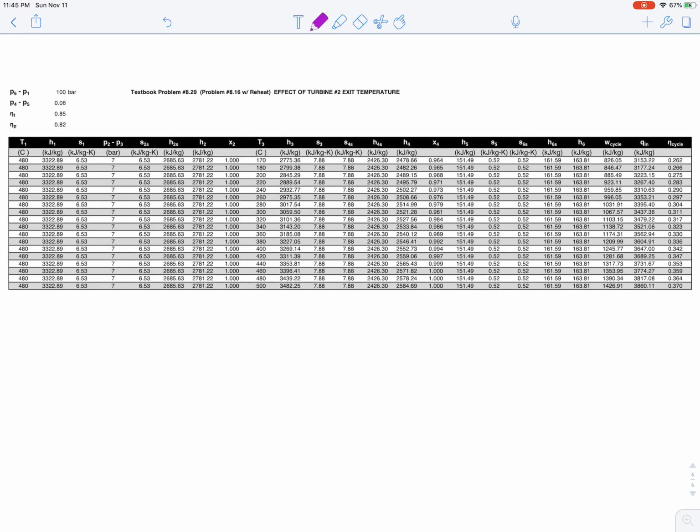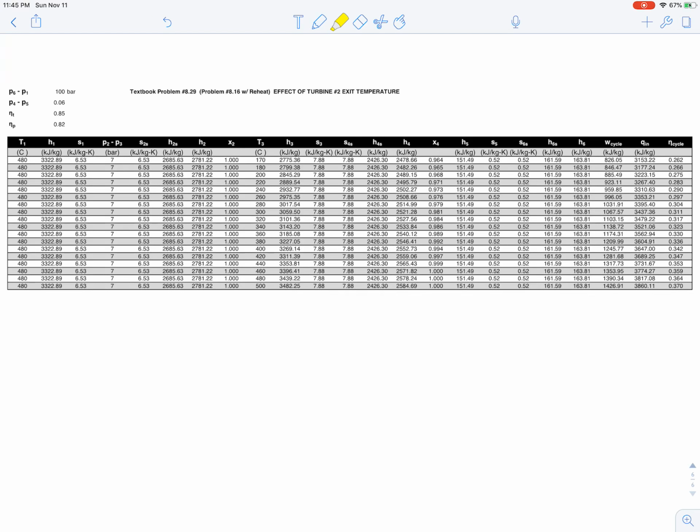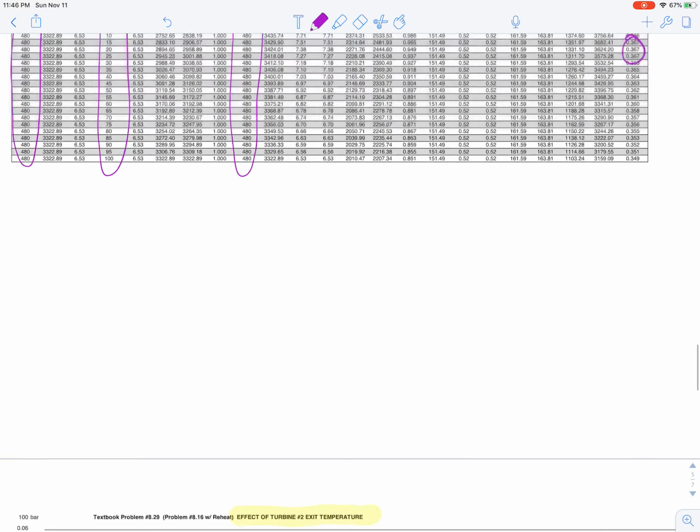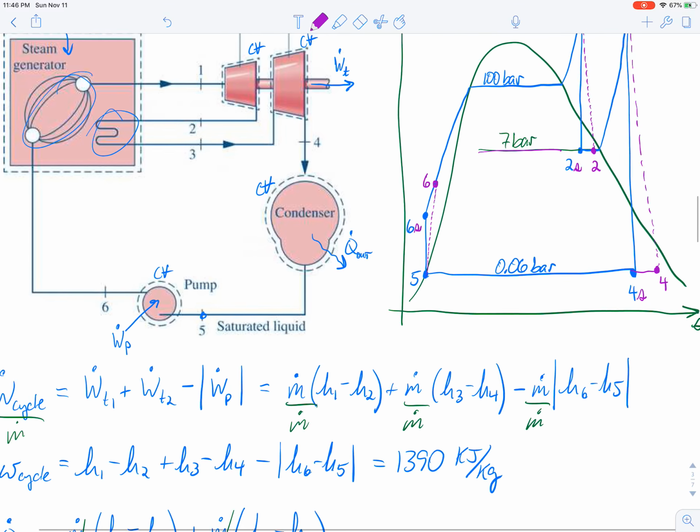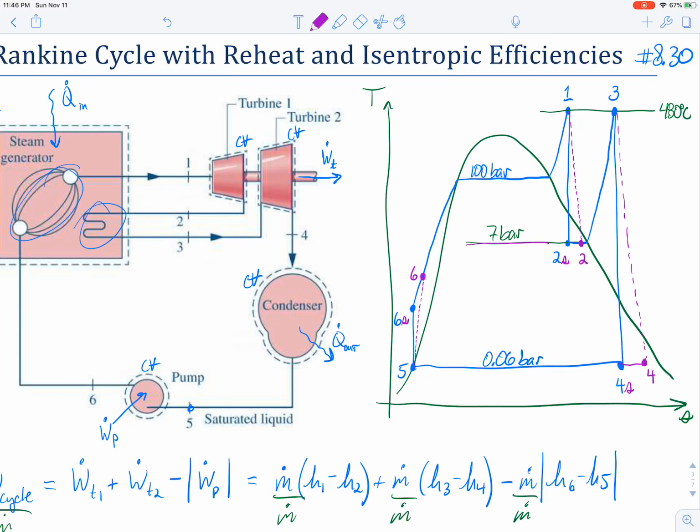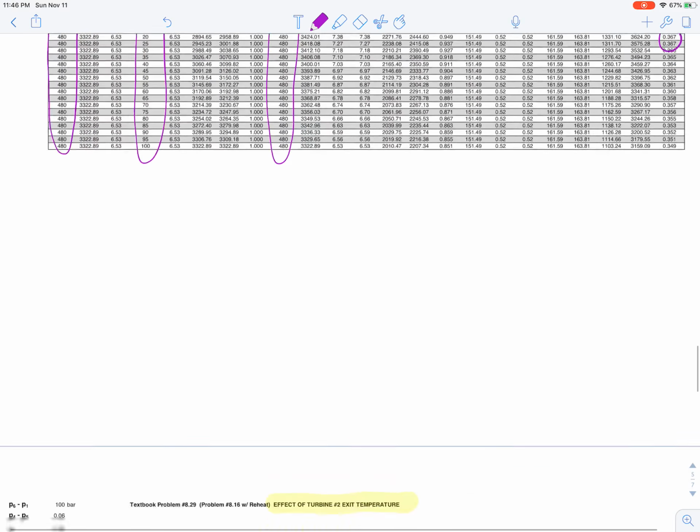On the next page, I have the effect of turbine number 2 exit temperature. So if I scroll back up here, we said state 3 was at the same temperature as state 1. It could be anything below in this case.